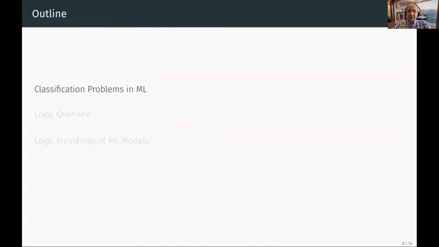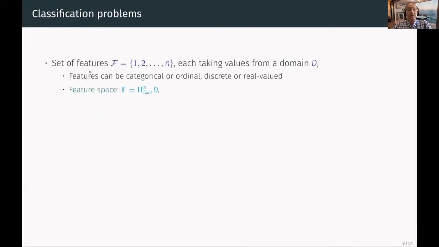So first let's define what we mean by classification problems in machine learning, then a little bit of logic and how we encode different types of machine learning models with logic. So we are going to assume a set of features, where each feature takes value from a specific domain. At the outset, features can be categorical or ordinal or discrete or real valued, no restrictions.